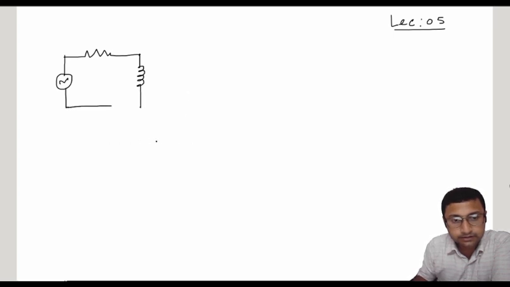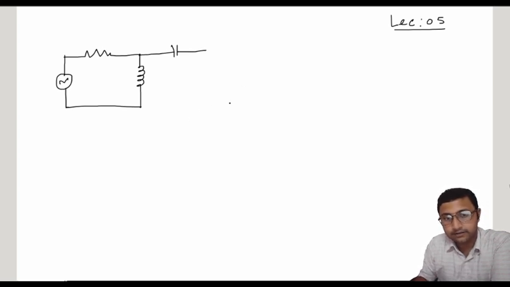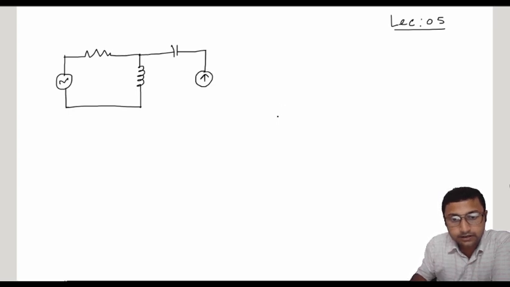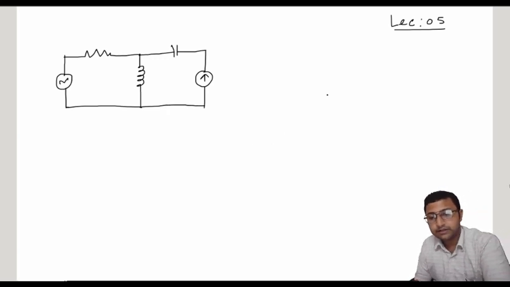Another thing is it is mainly inductance, but in case of an AC circuit this is called inductive reactance. And here is another current source. So this is a simple circuit.